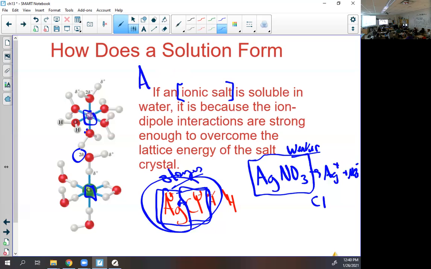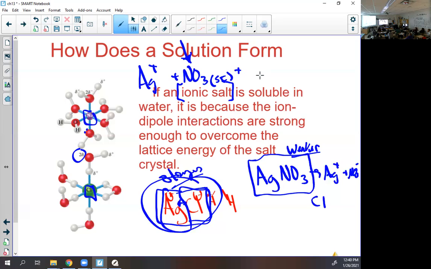So Ag was an ion in a solution. We had NO3, which we're going to remember is a spectator ion, and this is always soluble. What we're really learning is that NO3 in any lattice is always more attracted to water than its other partner.